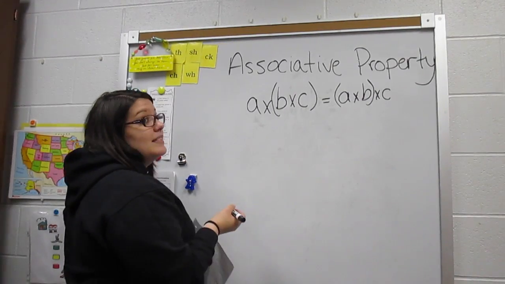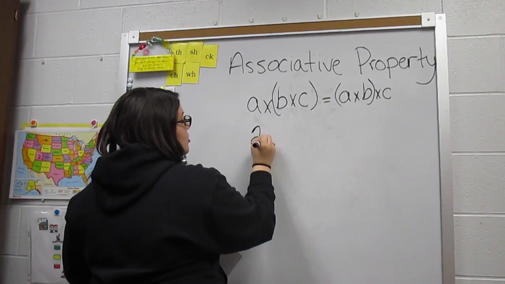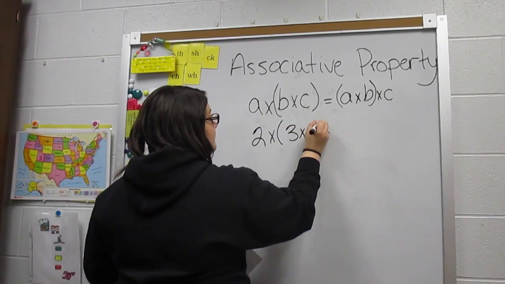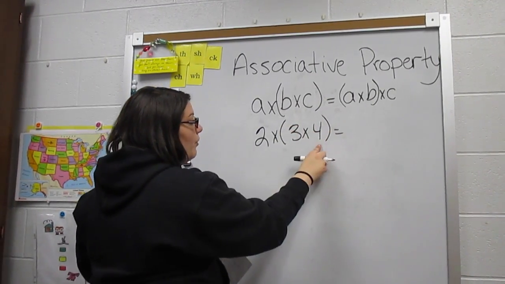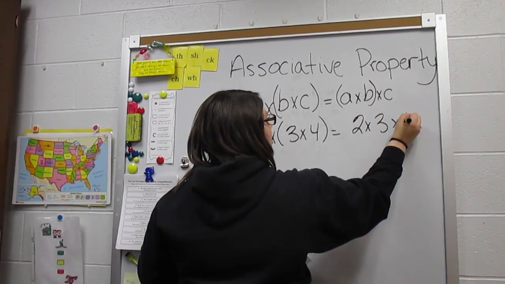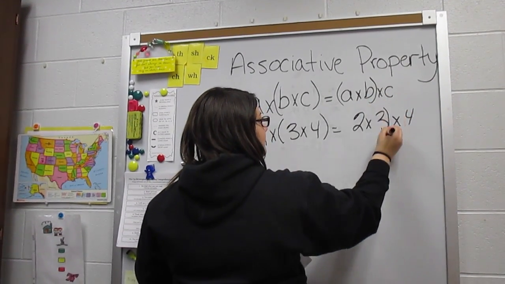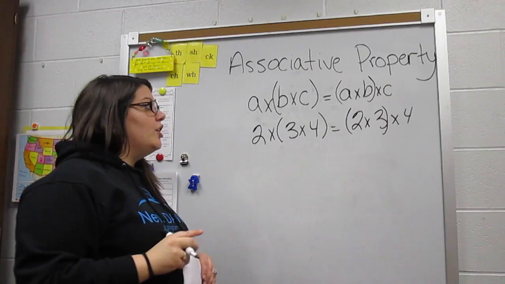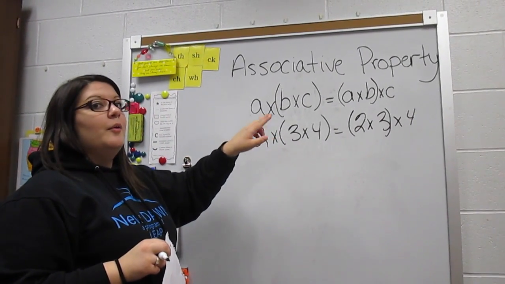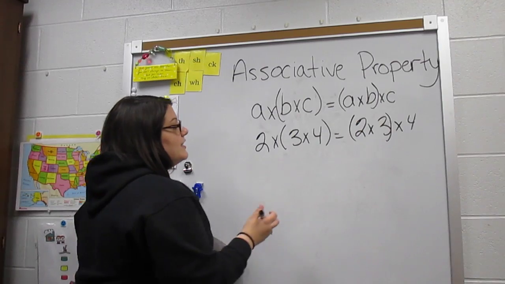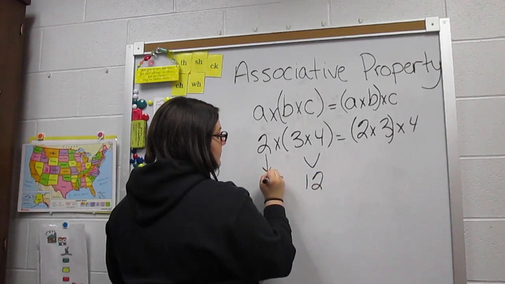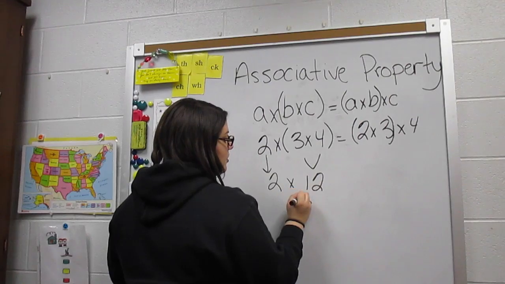So for example, if we did simple numbers such as 2 times 3 times 4, we would keep the order of the numbers, 2 times 3 times 4, we would just group them differently. We should get the same answer. So following our order of operations, we should do the ones in the parentheses first. So 3 times 4 is 12. Then you would drop your 2 and do 2 times 12, which equals what?